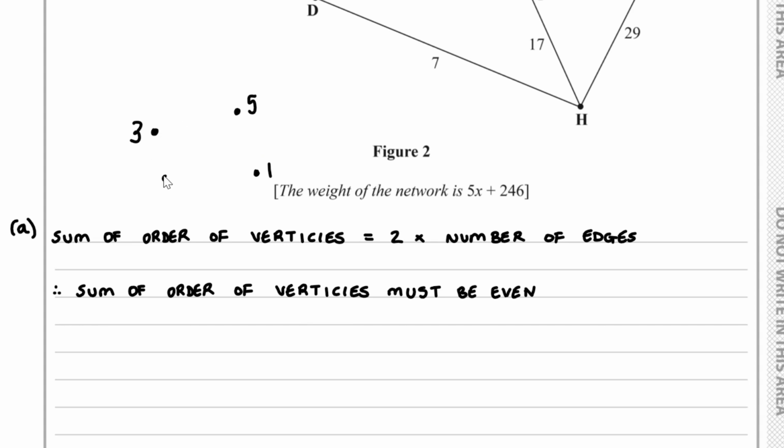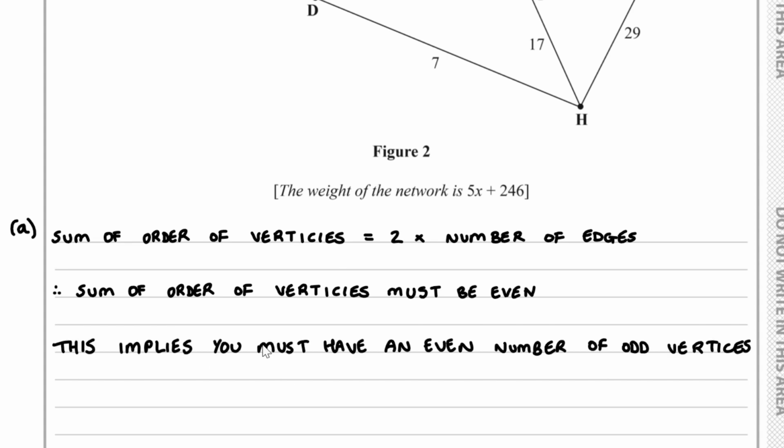Now if I have, say, a 7 over here, then because I've got 4 vertices of odd degree, that means the total over here must be even, because an odd number of odd vertices will be odd.